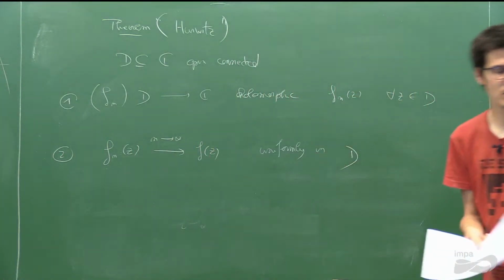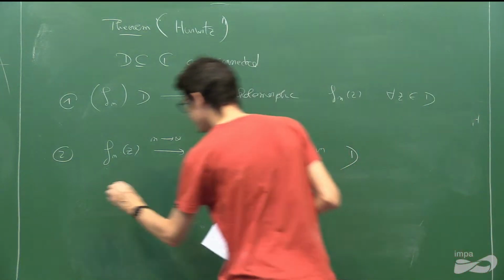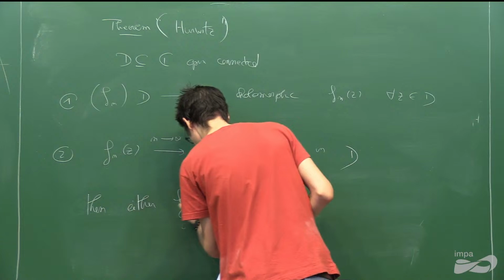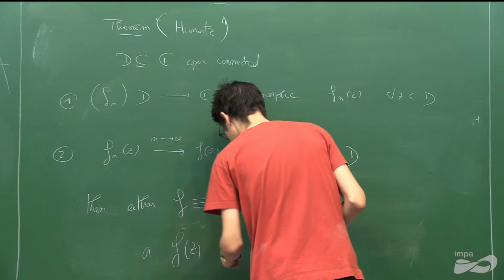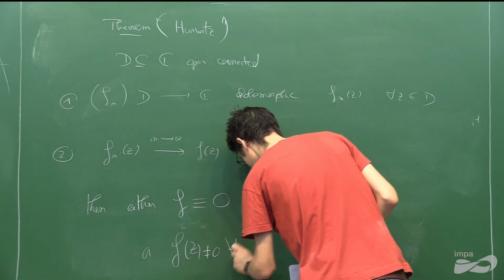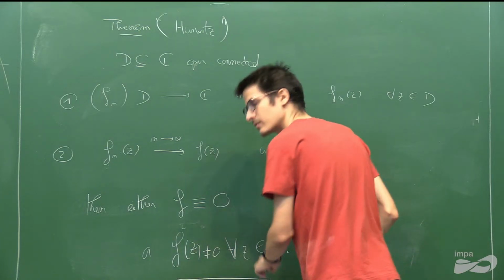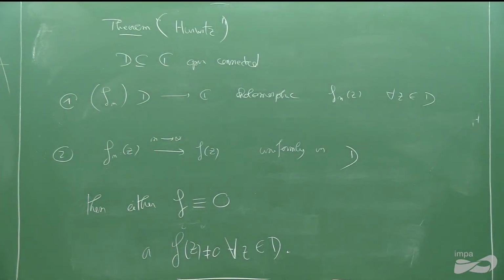So these are the assumptions. So imagine that you have a sequence of holomorphic functions that don't cancel, that converge uniformly. Then either F is uniformly 0 or F doesn't cancel. Okay, so basically a sequence of functions that doesn't cancel converges to a limit which doesn't cancel.